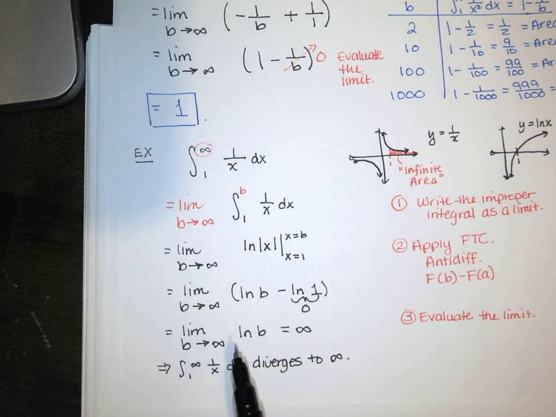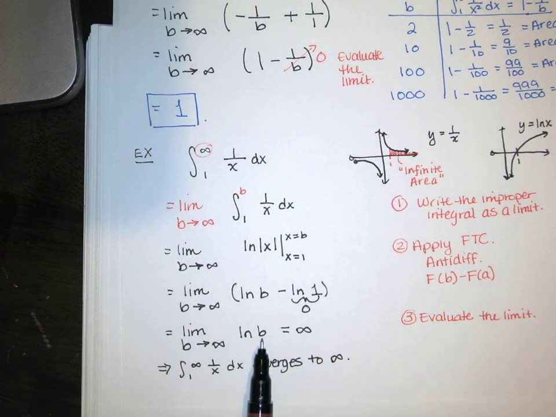And as b goes to infinity, natural log of b approaches infinity very, very, very slowly. This area is infinite. I really want to get into the slow growth of natural log of b.